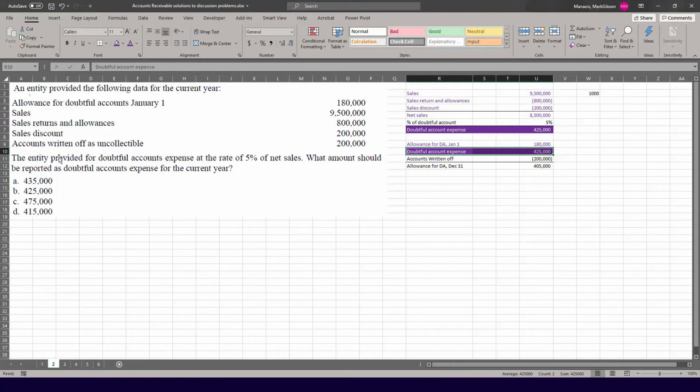And then of course, we have the accounts written off as uncollectible of 200,000. So the ending balance of your doubtful account would be 405,000. No? Okay, so that's problem number 2. So the answer is letter B, ha, class?